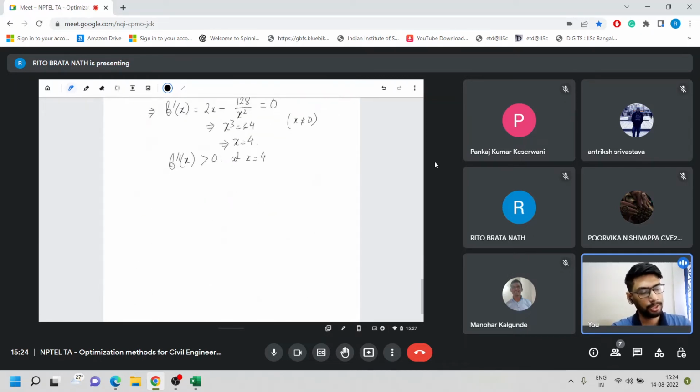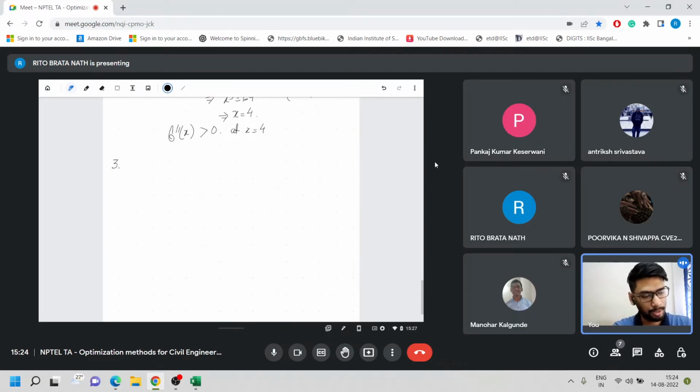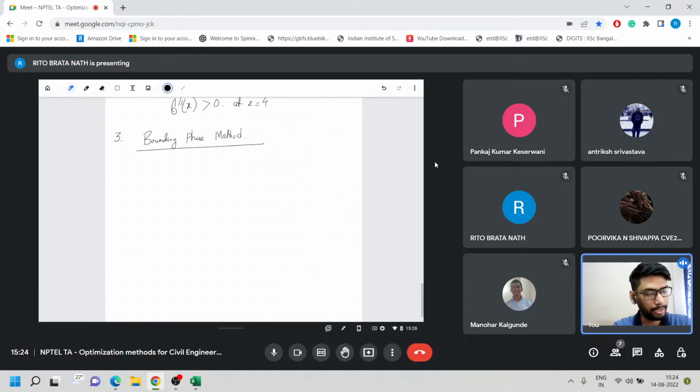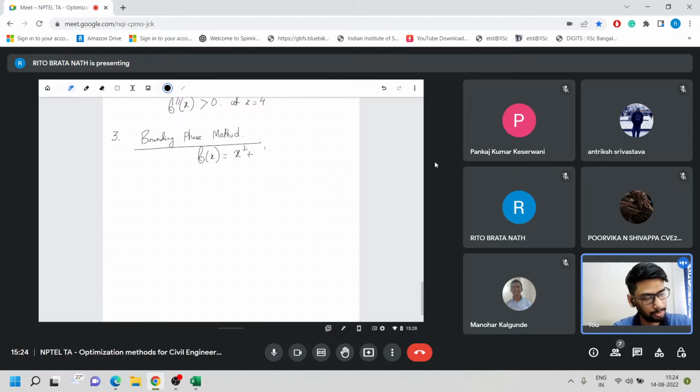Next, let's go into another example, which is an example of the other technique, the bounding phase method. As before, I'm taking the same example and not writing down the entire question. Now, can anyone tell me what's the difference between the exhaustive search method and this bounding phase method?